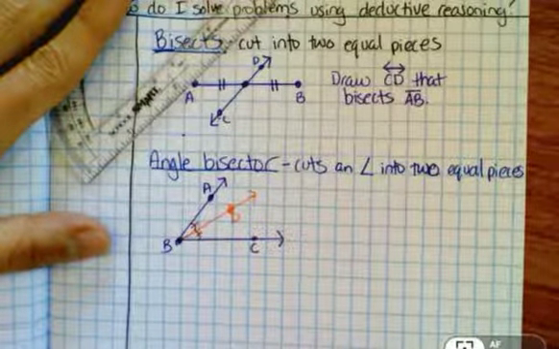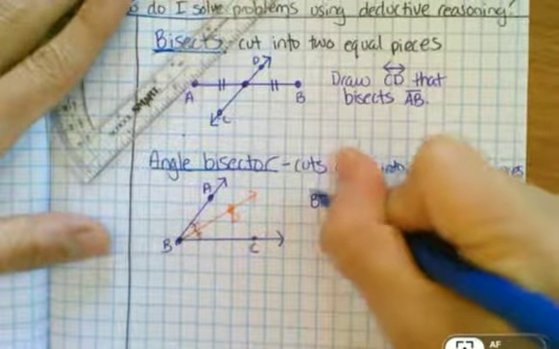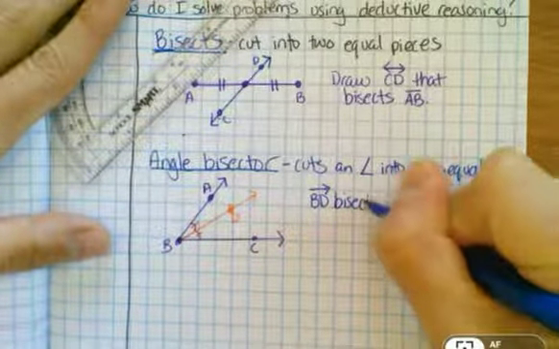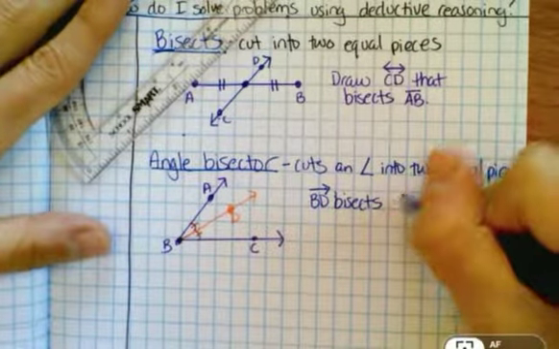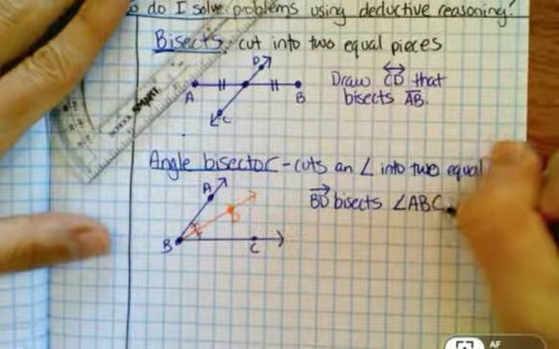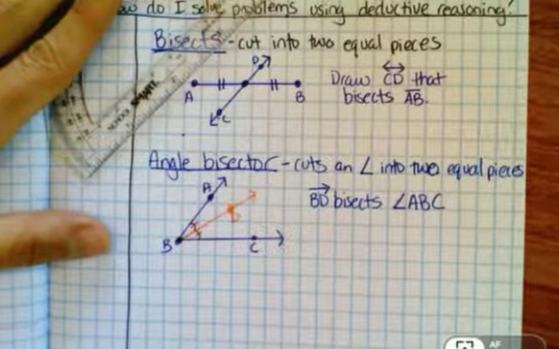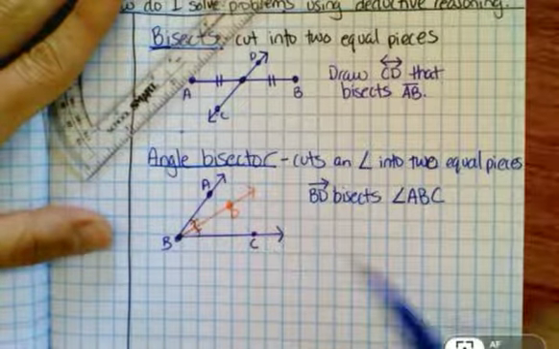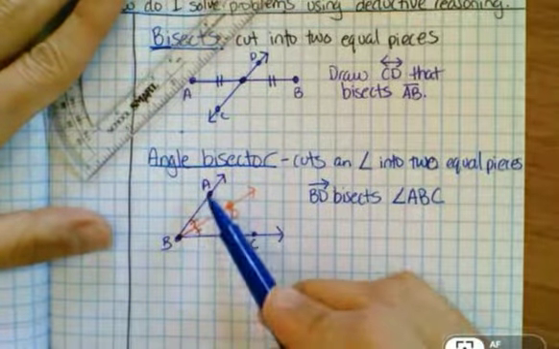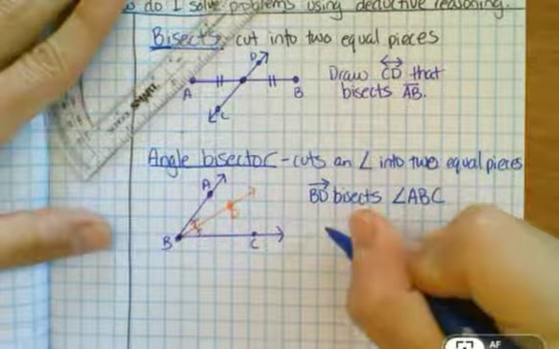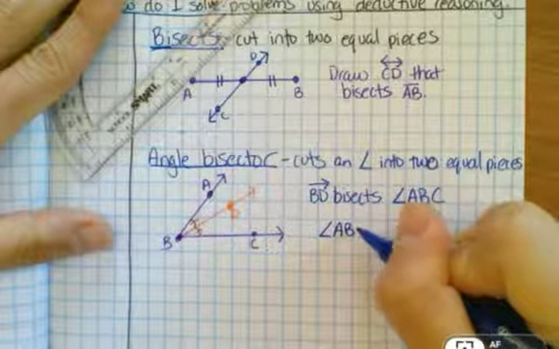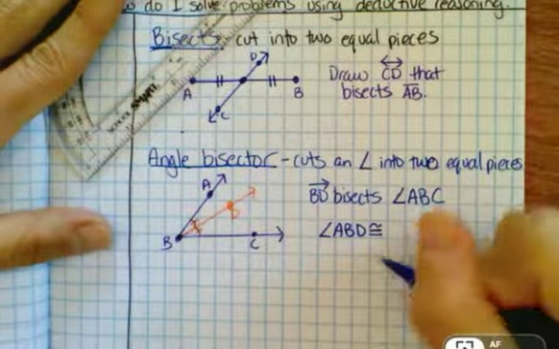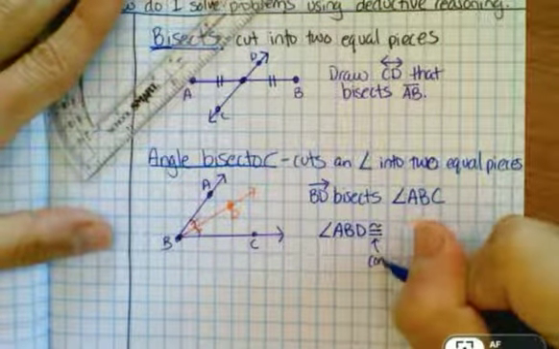And then what we're going to write is that ray BD bisects angle ABC. And I also want to take a moment to write a congruent statement. We have two angles here that are congruent to one another, and that just means equal in measure. So this little angle, angle ABD, is congruent to, and I can't remember if we've talked about that symbol or not, but that symbol is really important.